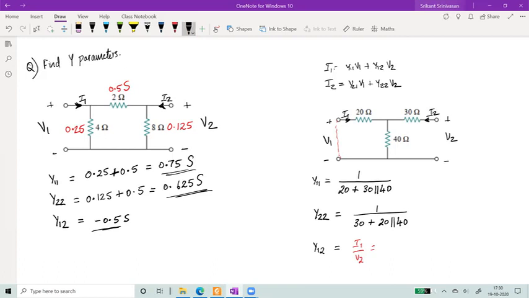So that's going to be I1, the current flowing through the 20 ohm branch. Let's see.